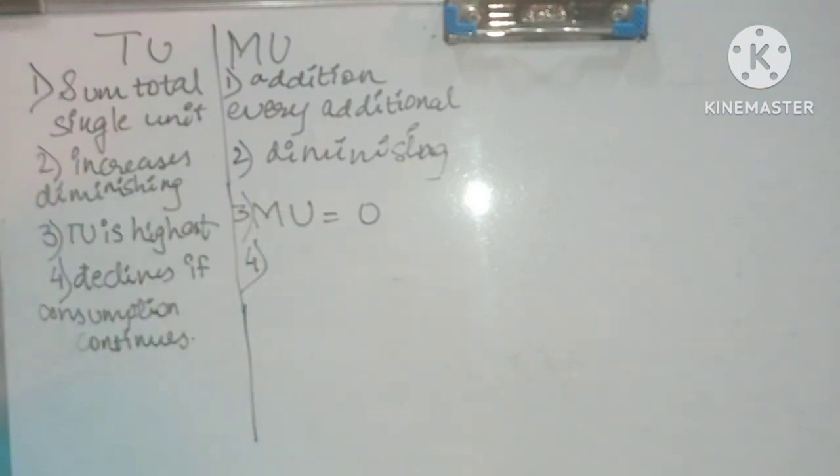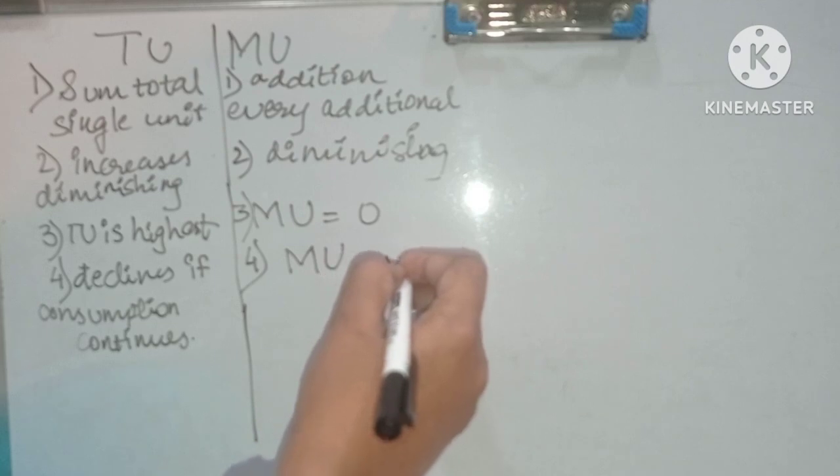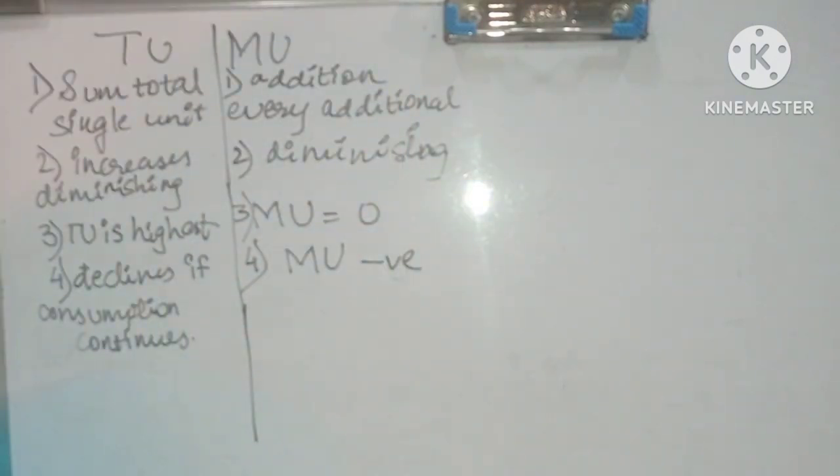And here marginal utility becomes 0, and then negative if the consumption continues. So these are the 4 differences.